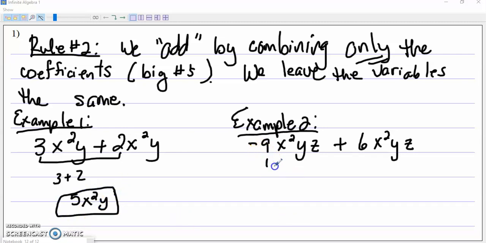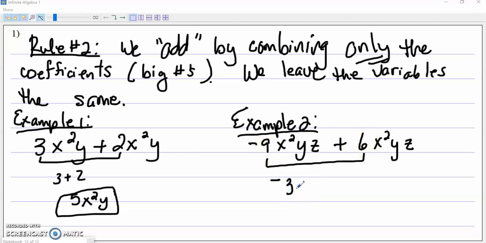Just like here. So I have negative 9 plus 6. So this is where that combining integers comes into play. Okay? If you don't know those, then you're going to struggle with this. If you struggle with this, then you struggle with the next piece. So if I have 9 negatives and 6 positives, then I have more negatives than positives, so my sign's going to be negative. 9 minus 6 is 3.